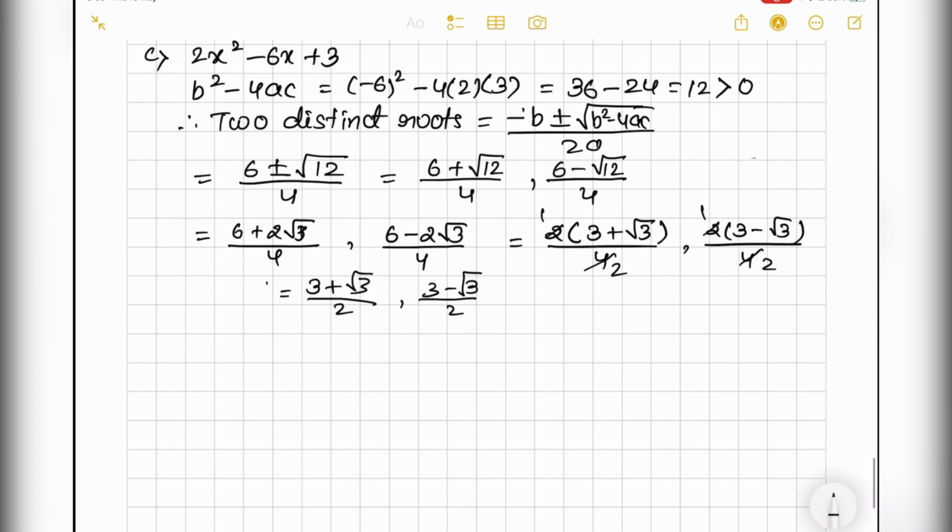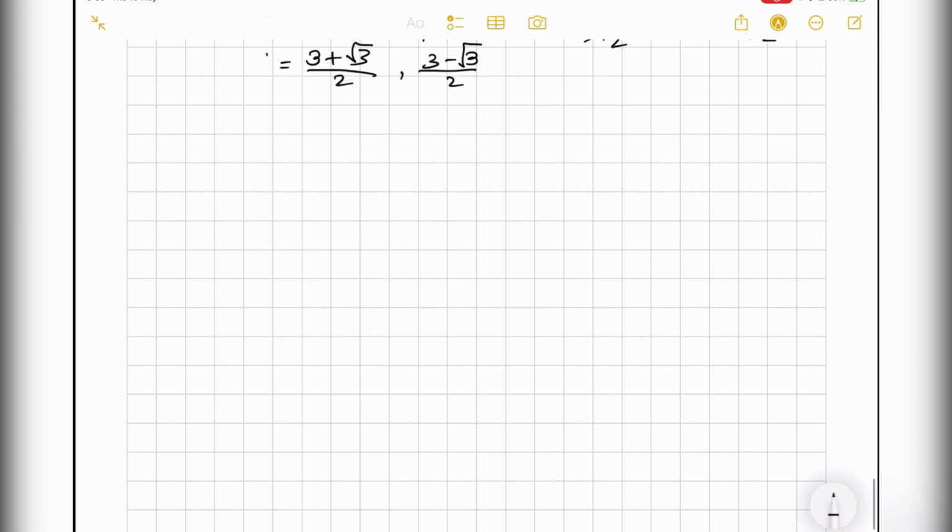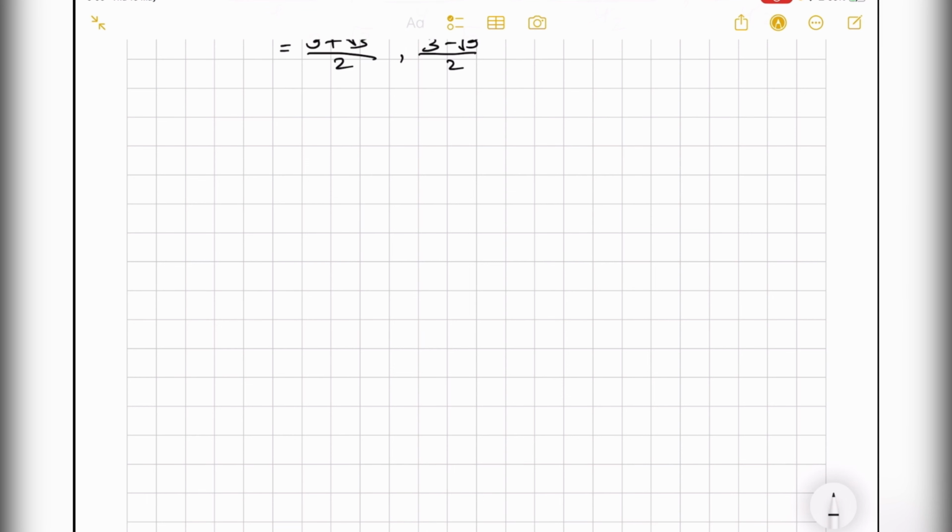Now coming to question 2. It says, find the values of k for each of the following quadratic equations so that they have two equal solutions. Now I am told to find two equal solutions. So 2x square plus kx plus 3 equal to 0.